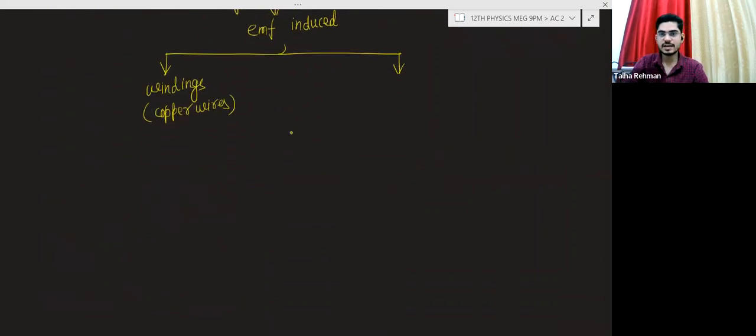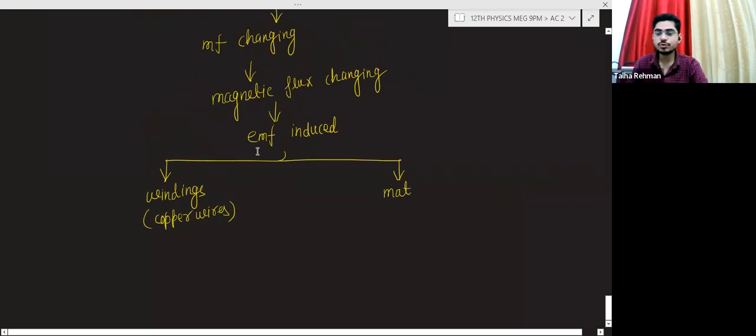So this EMF is induced in the material of the core, which means two induced EMFs are there. One EMF induced in windings, we know.